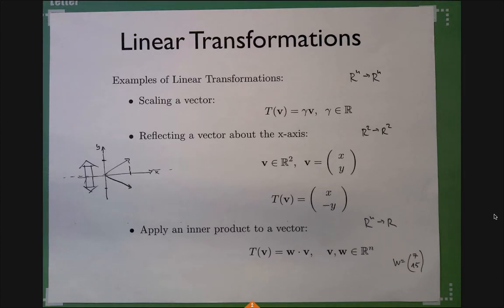That's why it's so important, because lots of these nice operations, which you need not just in graphics but everywhere else too, you can model using linear transformations. And also applying an inner product, where the important thing to remember is that the W vector is fixed. That was chosen once and for all. And the V vector is a parameter, an argument of the function. So that's the idea here.